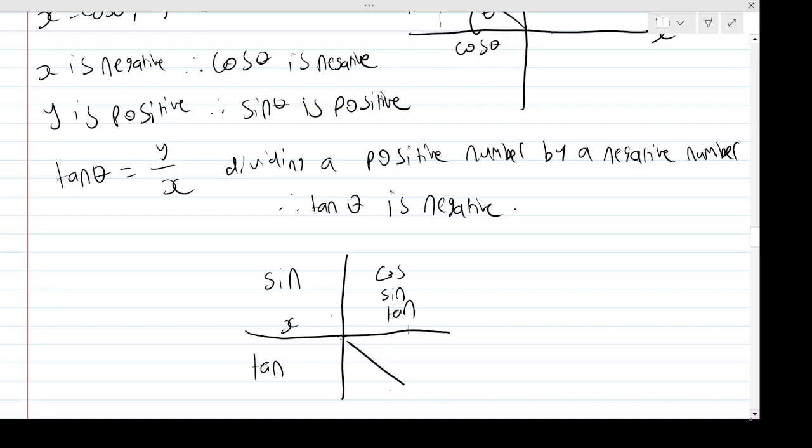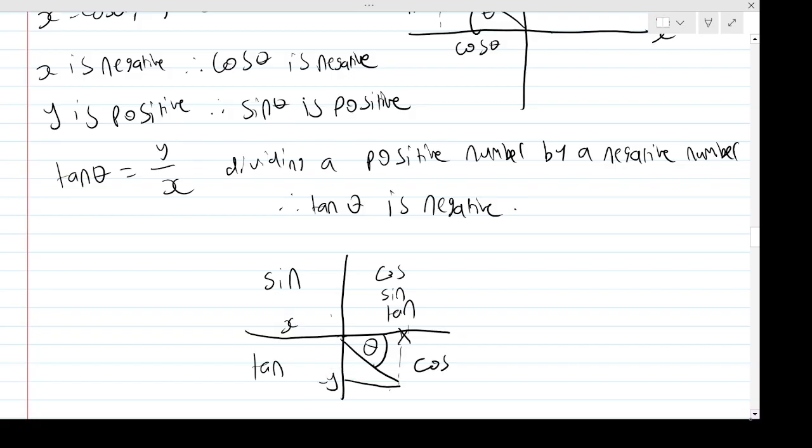Then lastly, we've got the last quadrant here. Again, if we make an angle to the x-axis here and draw a line there, the x coordinate is going to be positive, but the y down here will be negative, right? So it has negative y and positive x. X represents cos, so if x is positive, then cos would be positive. But sine would be negative because it's y, right?